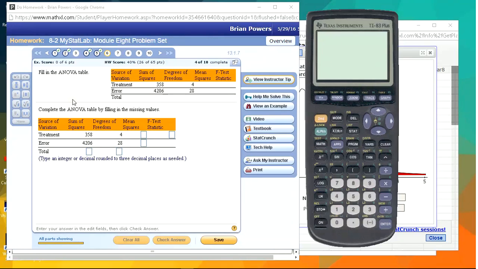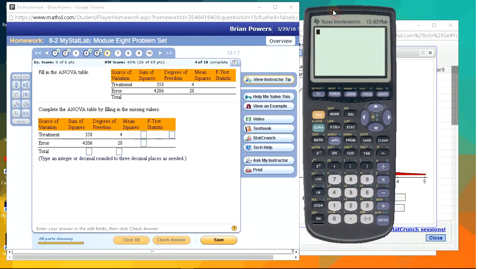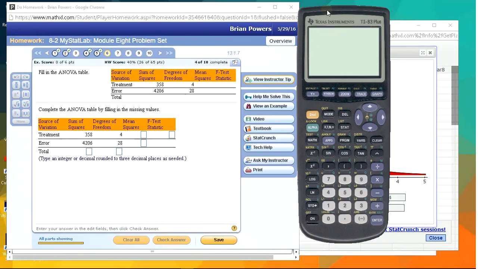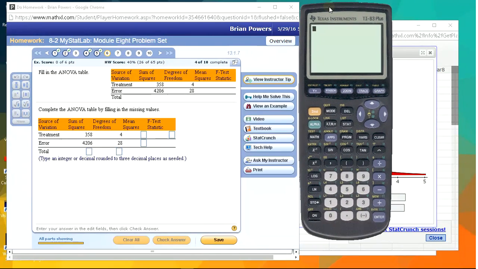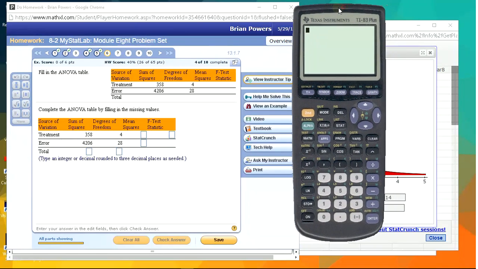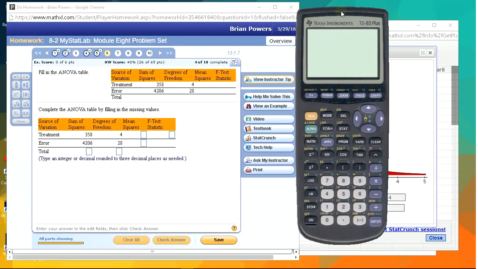So the sum of the squares for each of these two categories is essentially how we measure variation. You take the deviation from what you would expect somehow, and then you square it, and that's going to be variation. That calculation is what's used in the calculation of variance, you may recall.